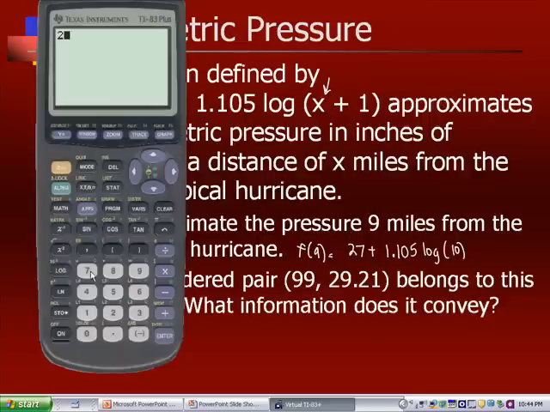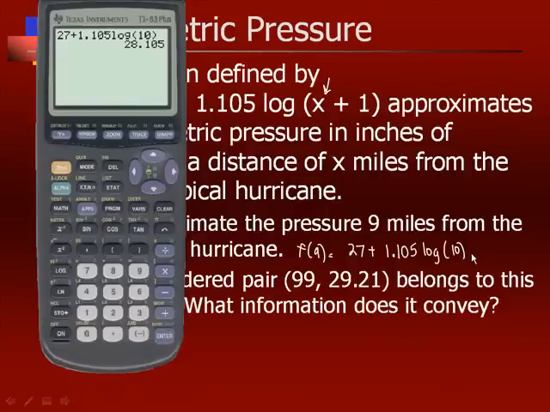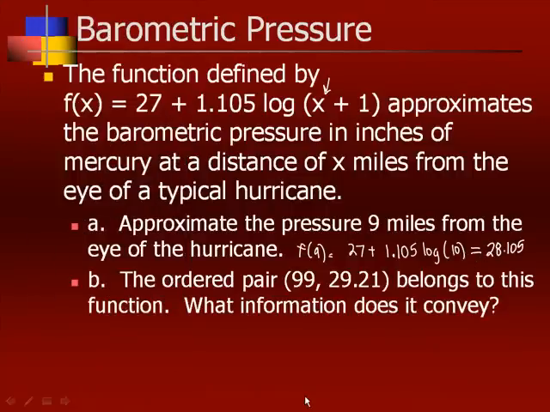All right, we're going to plug in our calculator, 27 plus 1.105 times the log of 10. And when we do that, we get 28.105. Now, B part says, the ordered pair 99, 29.21 belongs to this function. What information does it convey?